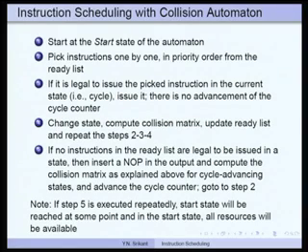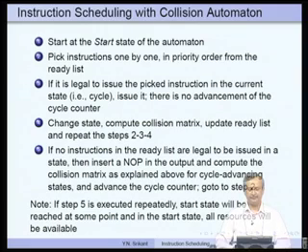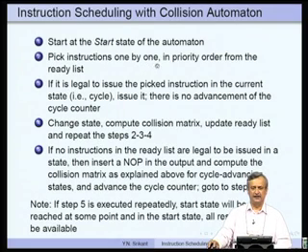So, now how do we do instruction scheduling with the collision automaton? Fairly straightforward. You begin at the start state of the automaton. Remember, we have the same ready list that was available to us in cycle by cycle scheduling. Pick instructions one by one in the priority order from the ready list.